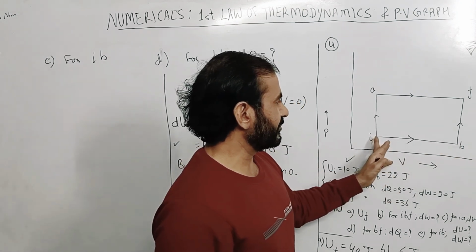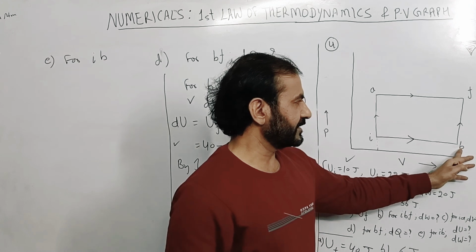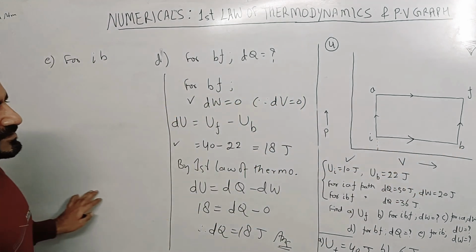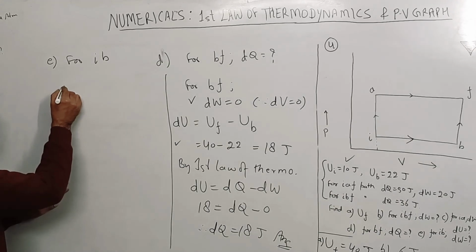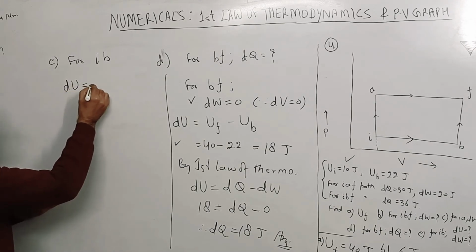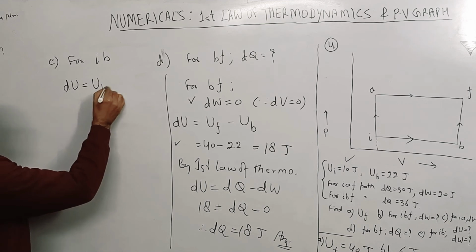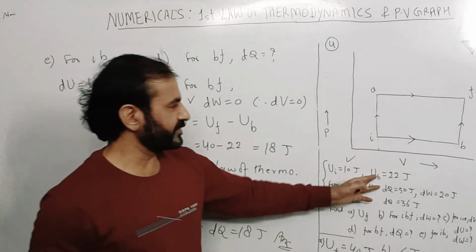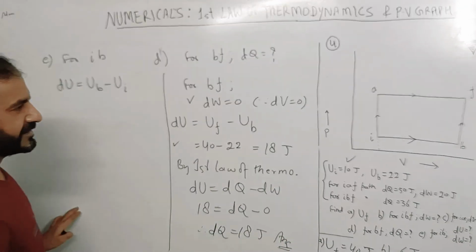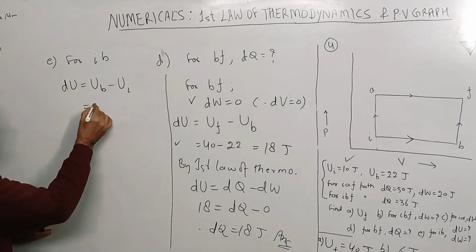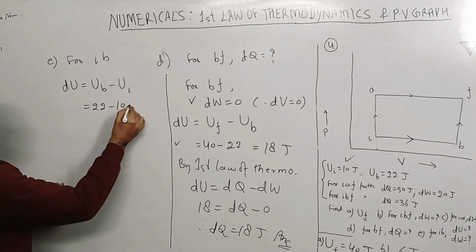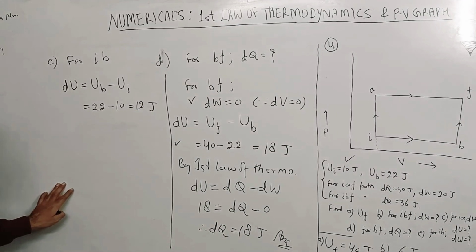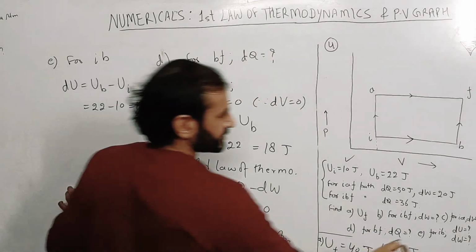If we are moving from I to B, then final will be at B and initial will be at I. So dU will be Ub minus Ui, and both are given here. 22 minus 10 equal to 12 joule. This is dU. One part is obtained.